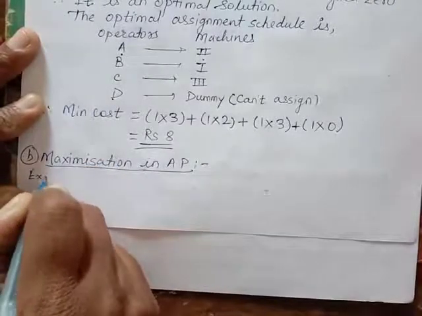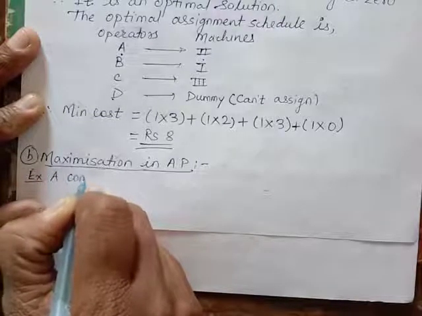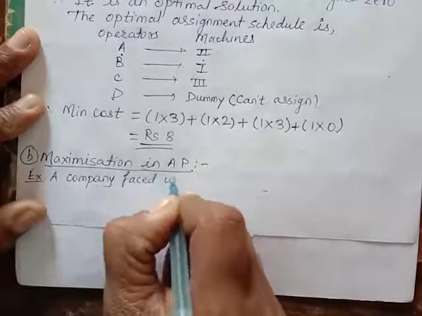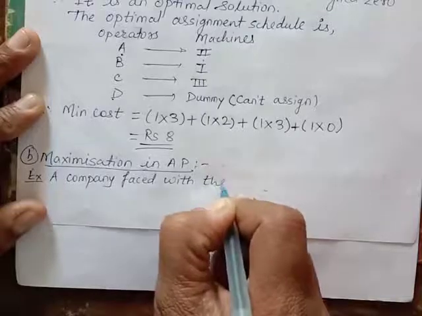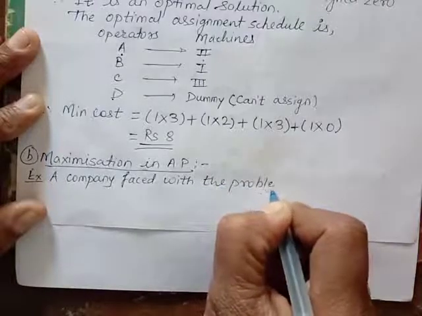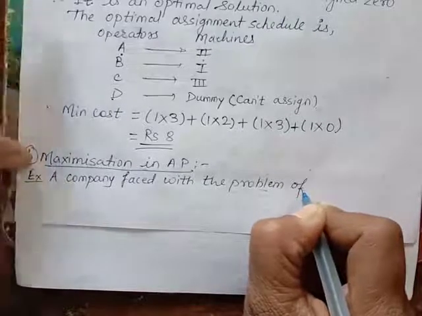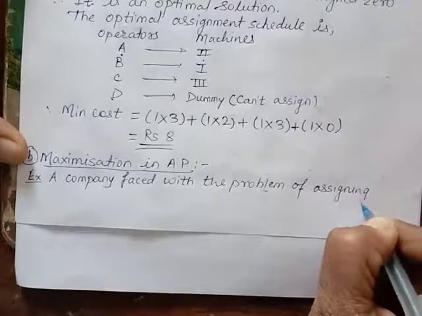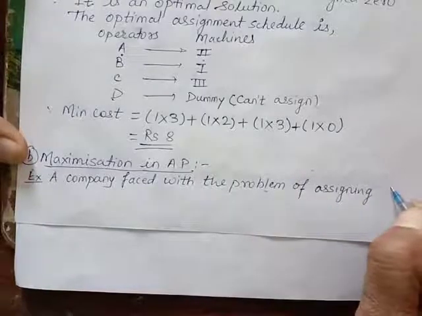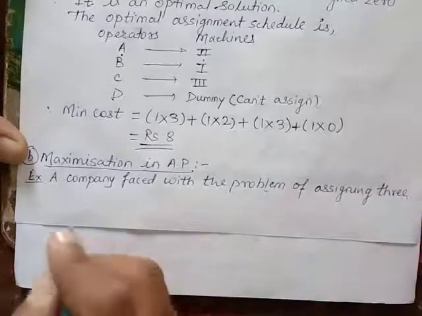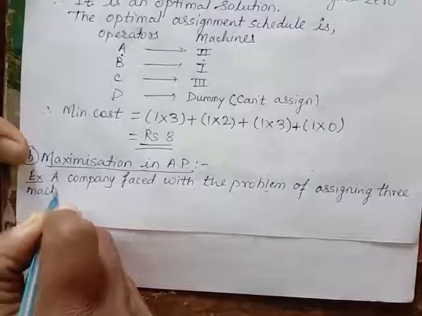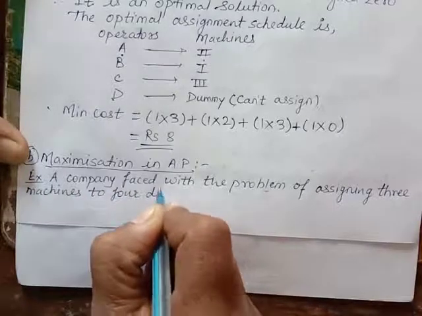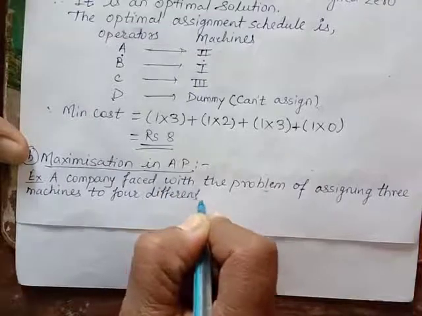Example: a company faced with a problem of assigning three machines to four different jobs.